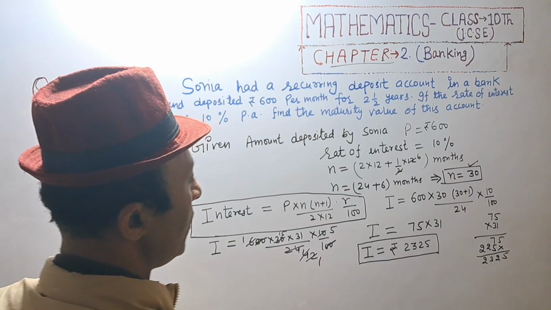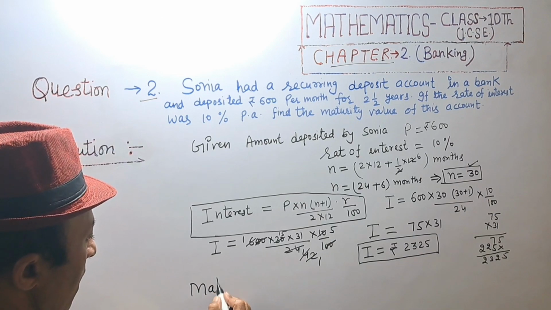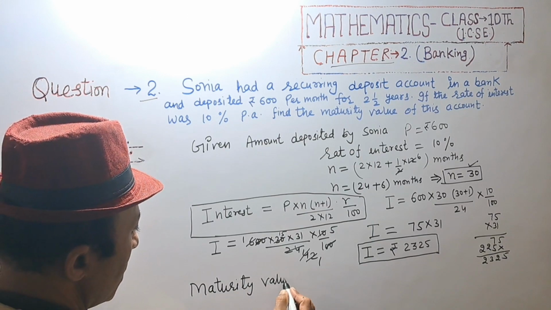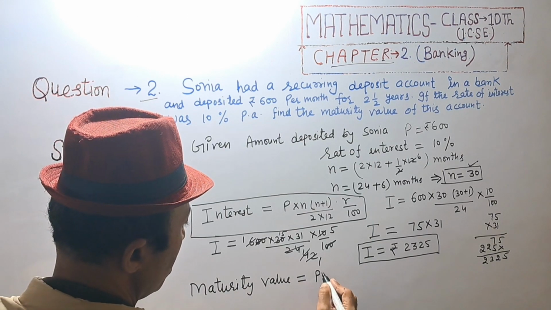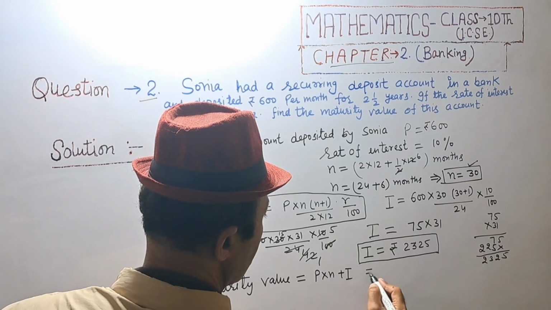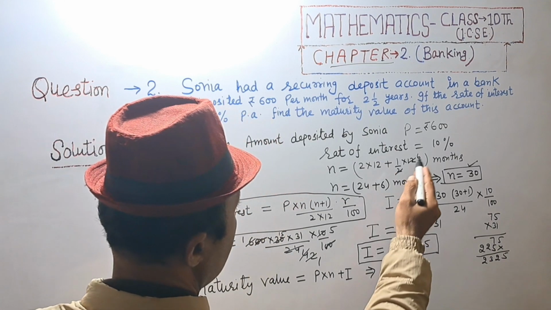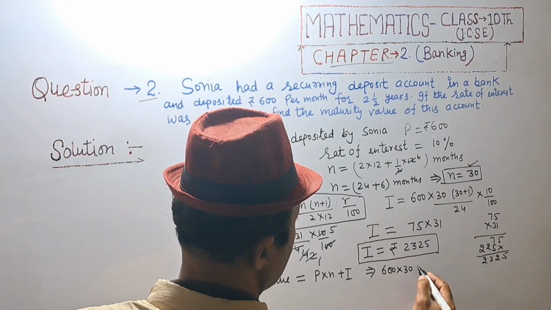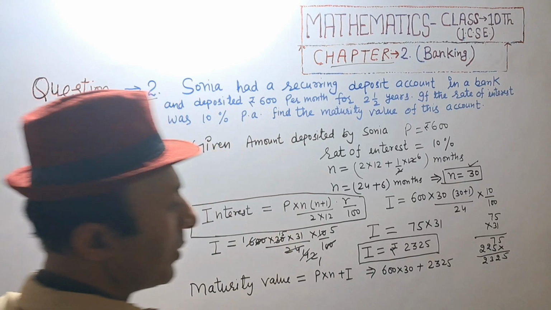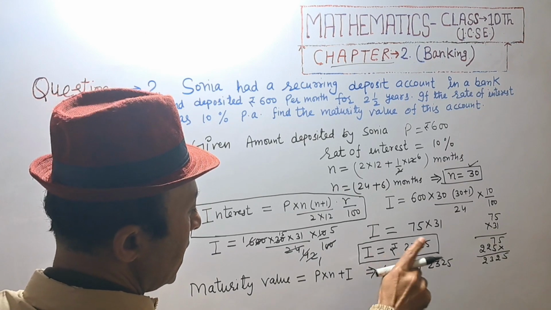Now find the maturity value of this account. Maturity value is equal to P into N plus I, which implies P is 600, N is 30, plus interest is 2325. 6 threes are 18,000.